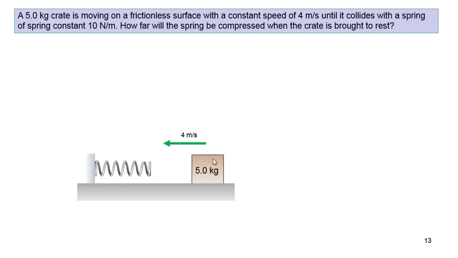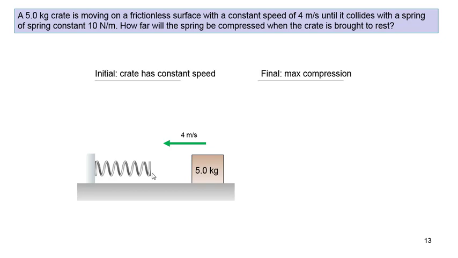In this case, when you're dealing with a spring, total mechanical energy is conserved. So I can set this up to use the conservation of energy equation, which means I always want to define my initial event and my final event.